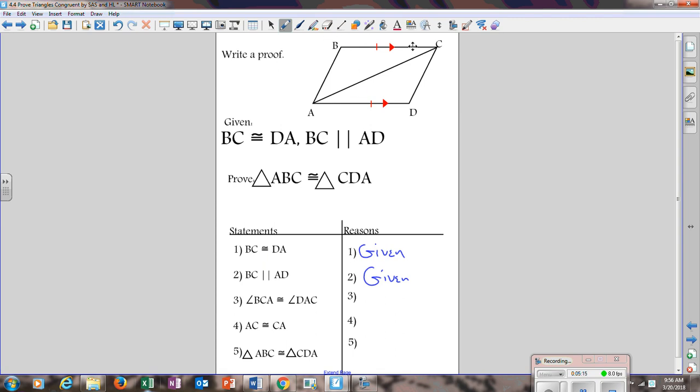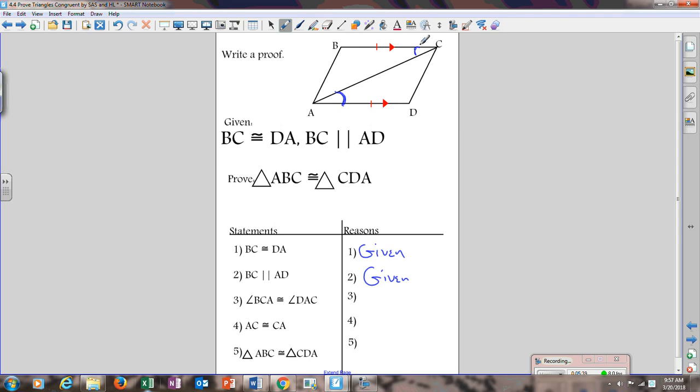And it says angle BCA is congruent to angle DAC. So whenever it tells me that, I mark it down. I have to come up with a reason for it. I need to know that BCA is congruent to DAC.